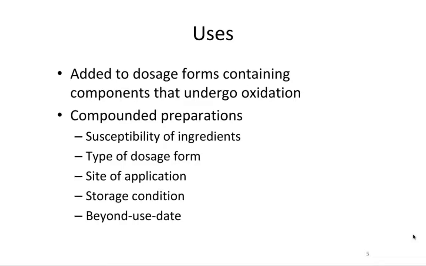As far as use is concerned, antioxidants are added to dosage forms containing components that undergo oxidation. Compound preparations, particularly susceptibility of ingredients, type of dosage form, site of application, storage conditions, beyond use days. All of these will have to be considered when trying to choose an appropriate antioxidant.